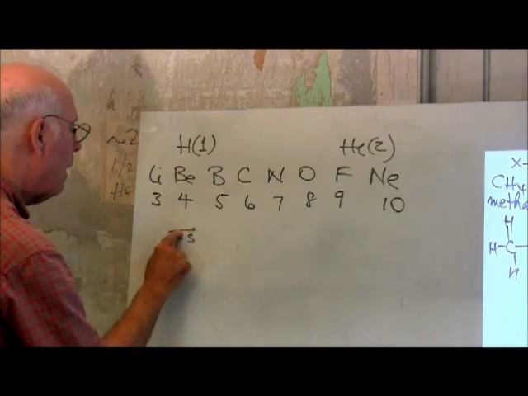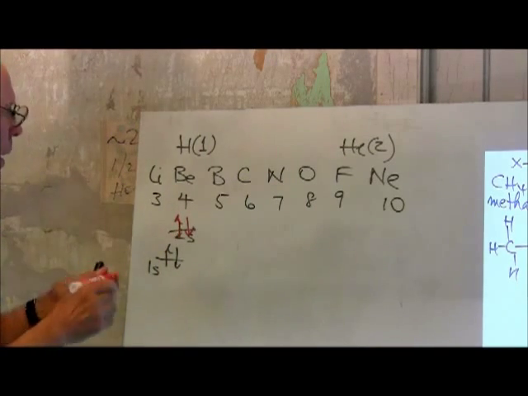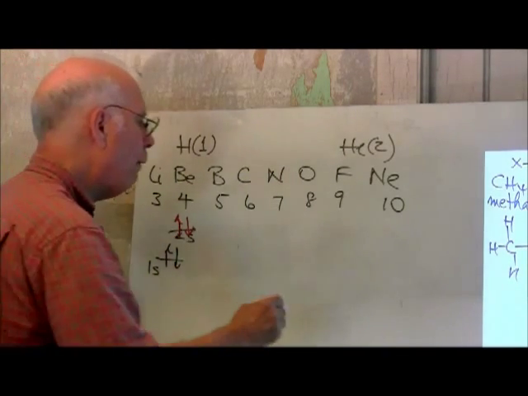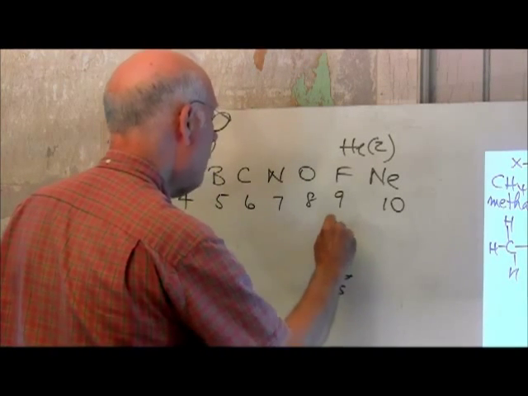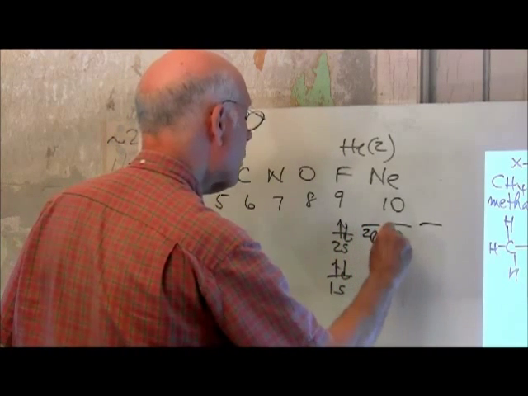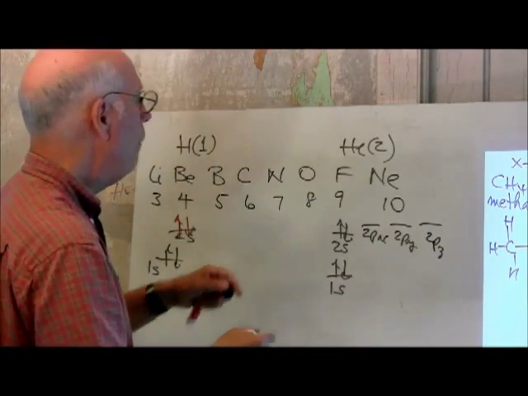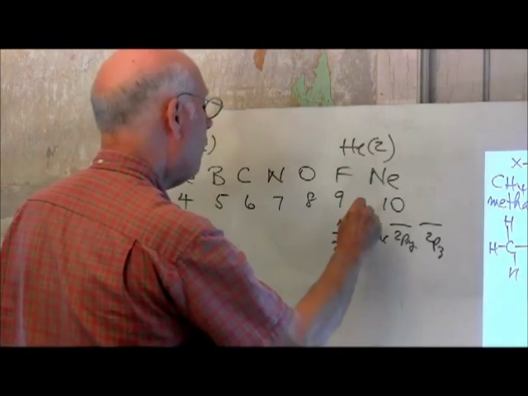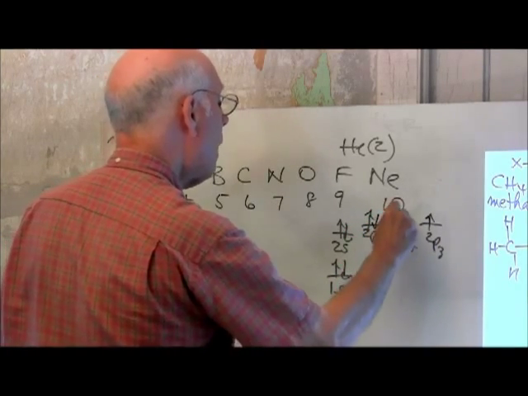Let's do that. Let's put these 2 electrons up here and rewrite the fluorine. 1s, 2 electrons here, 2s, 2 electrons here, and 2px, 2py, and 2pz. And the fluorine has 9 electrons.